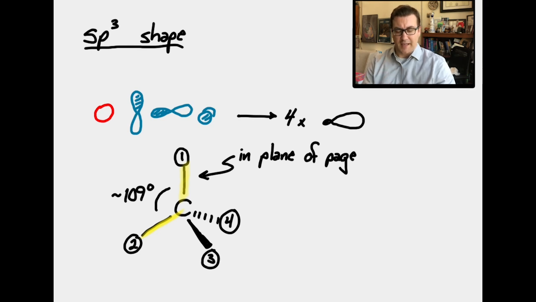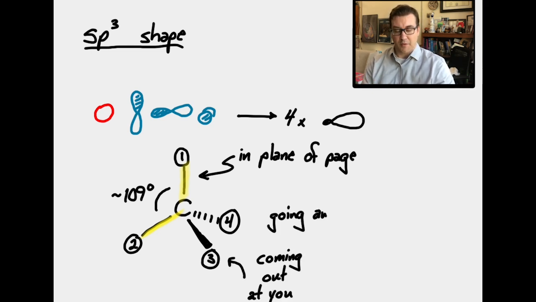So 1, 2, and 3 are all in the same plane. You see this bond coming out toward 3. We call this a wedge, and it's coming out of the board at us. And this is a hash, and this is going away from us. This is an important representation to practice. You can make a model and look at this yourself.